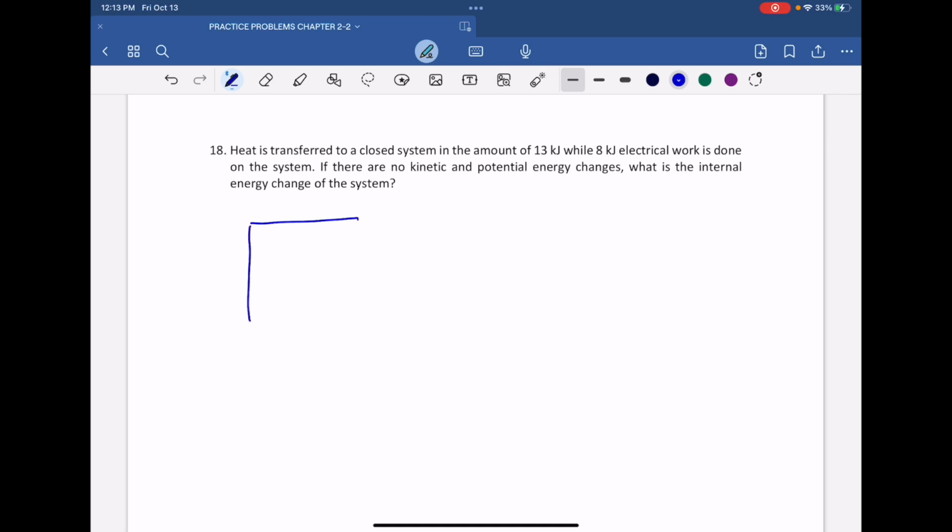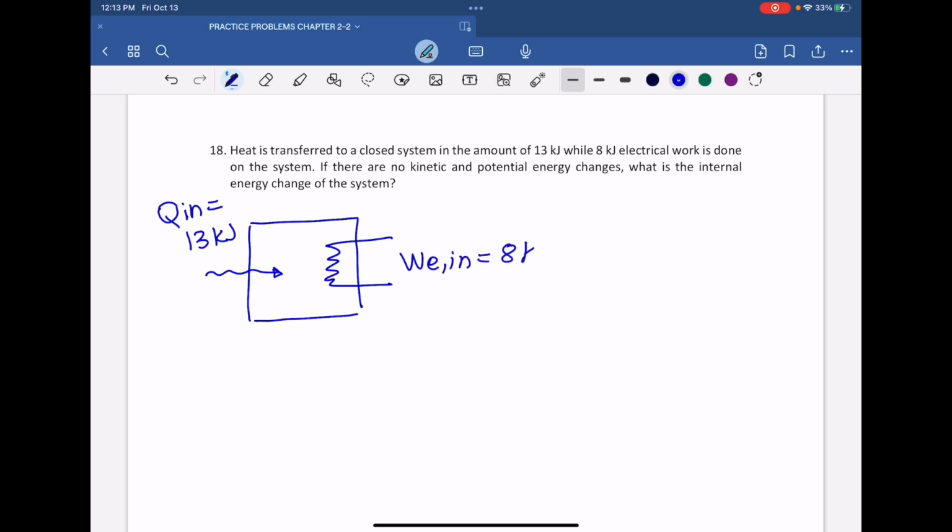You can first sketch and say heat is transferred. So Q in is 13 kilojoules and electric work in is 8 kilojoules.